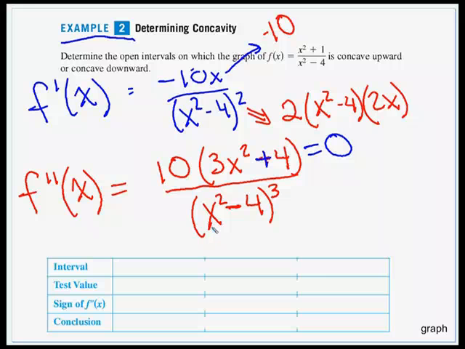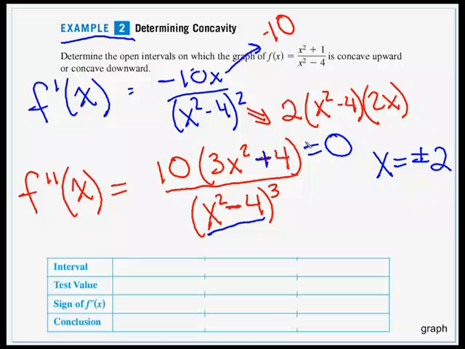But if we look to our denominator, there are going to be a couple numbers that would turn it into a 0 and make the second derivative undefined. When does x squared minus 4 equal 0? Well, x squared equals 4, or x is plus or minus 2. So at plus or minus 2, our function is undefined, but it is never equal to 0.